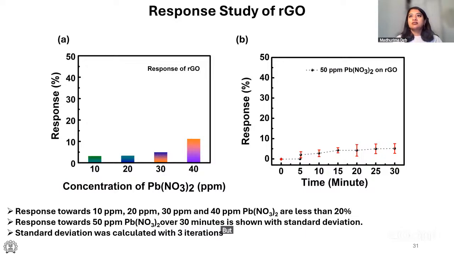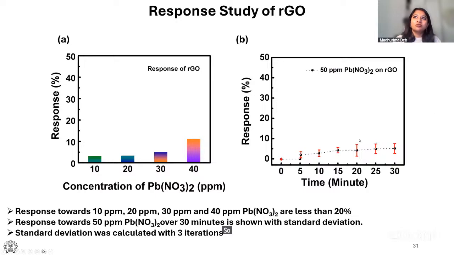But at the same time, I saw that the response is very low, just 10 to 15%. And in this image, you can see that for 50 ppm of lead nitrate also, I waited for 30 minutes for the response, and it was not above 10%.